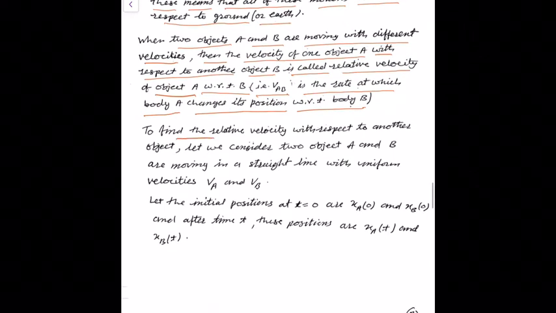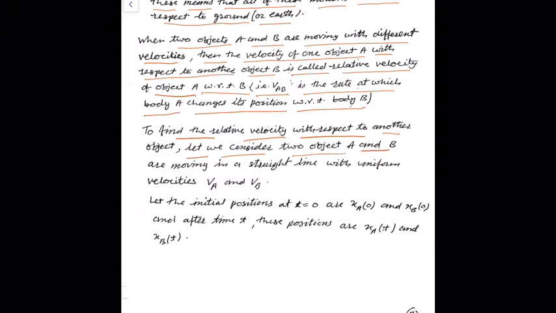To find the relative velocity with respect to another object, let us consider two objects A and B moving in a straight line with uniform velocities VA and VB.